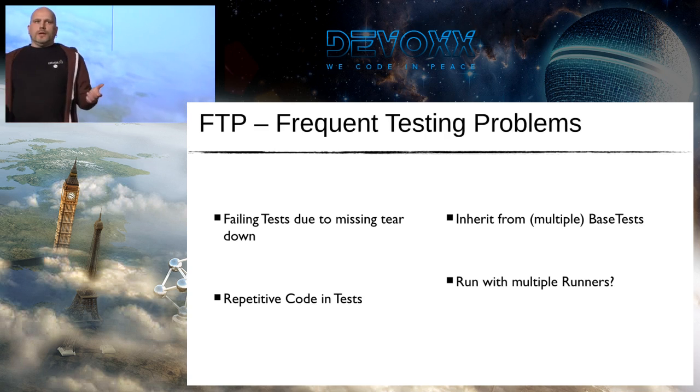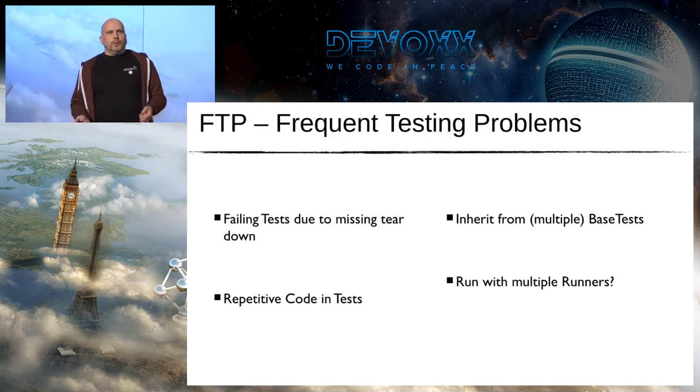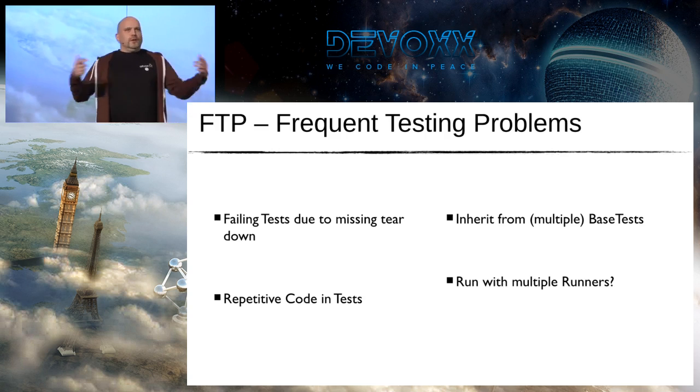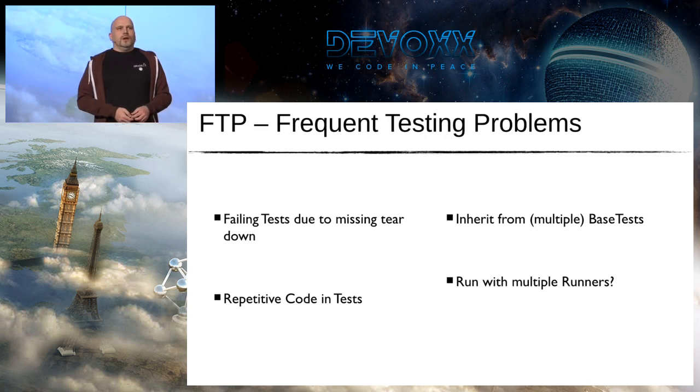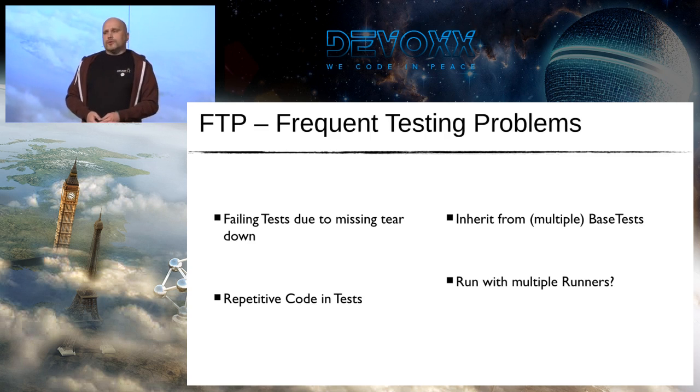And now we have a test that needs a Spring context as well as a database. And we get another base class, another base class. And soon enough, we get a mountain of base classes, and that's really not a nice thing, and just replaces one problem with another.